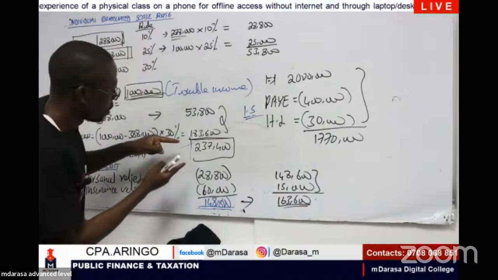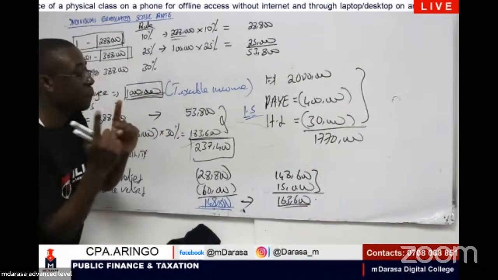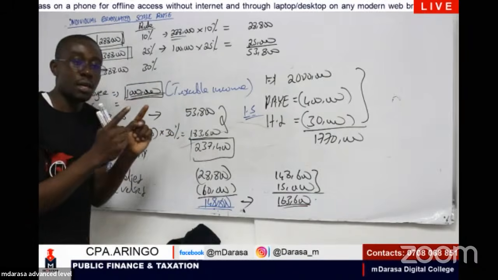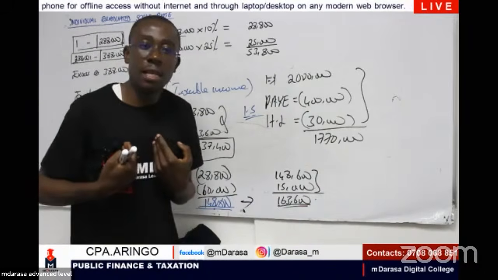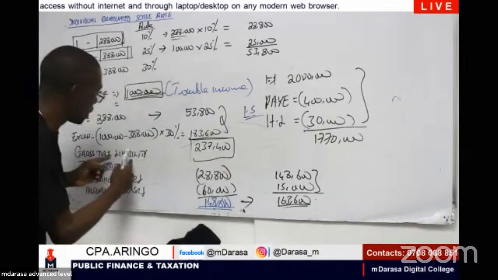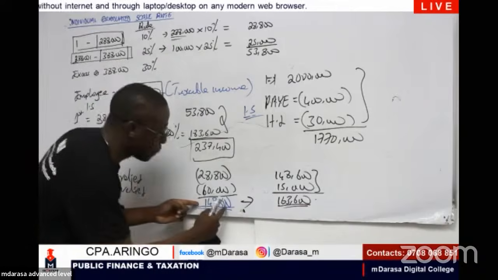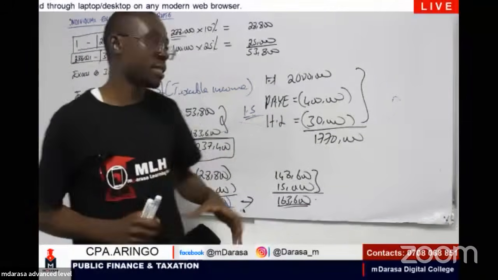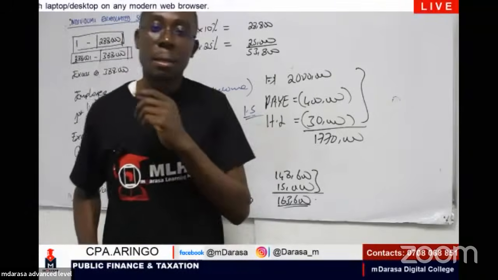You see, initially, I was supposed to pay the tax value of 237,400. But because of these reliefs, they are going to reduce what I was supposed to pay, the gross tax liability, up to 148,600. So they are not the same as the housing levy. These are reliefs, these are components of tax.